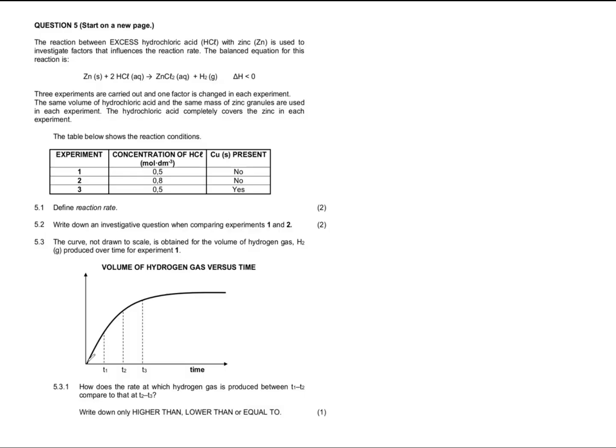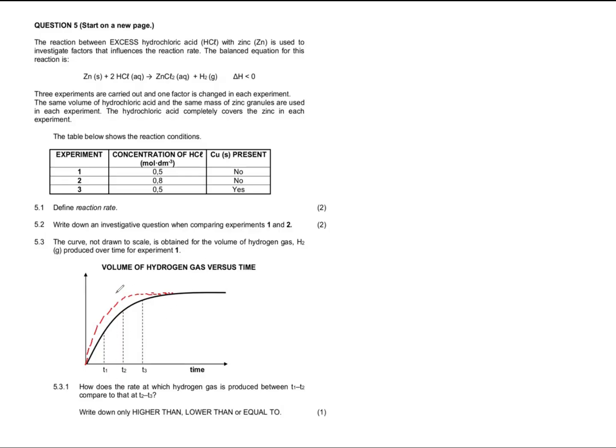So that means the gradient of curve B would be a bit steeper than this one. But at the end of the day, they should all come to completion at the same amount of hydrogen gas, right? Because we are not increasing the number of particles, we are just having a higher reaction rate.